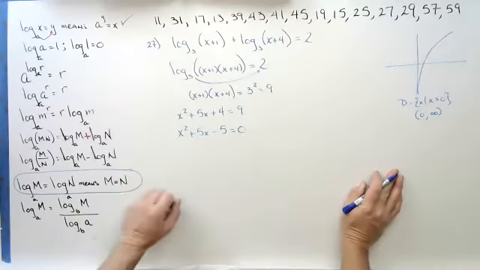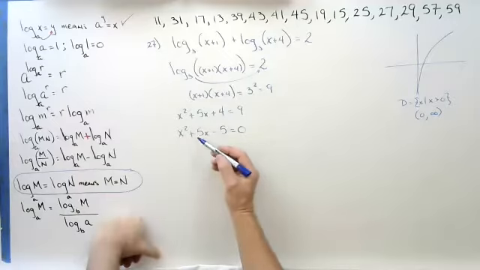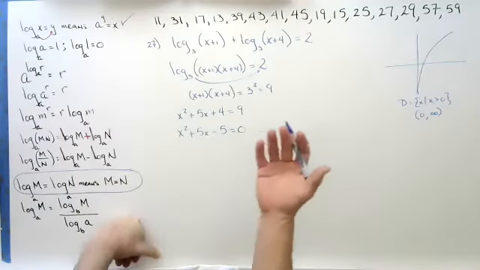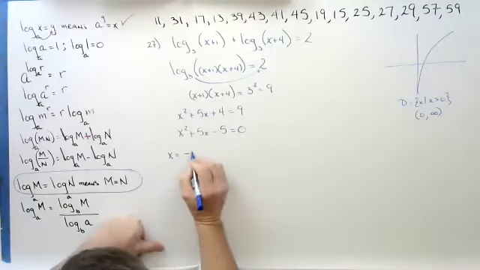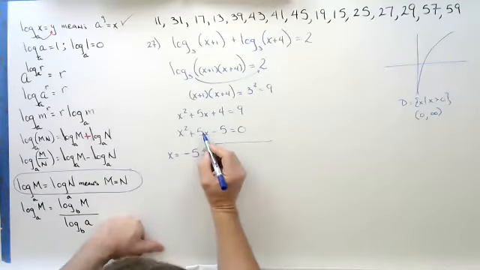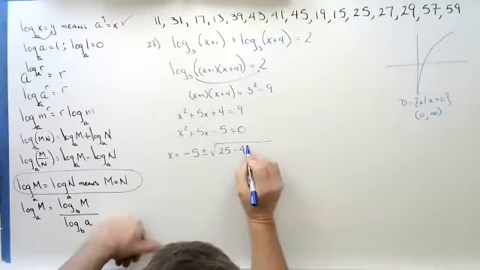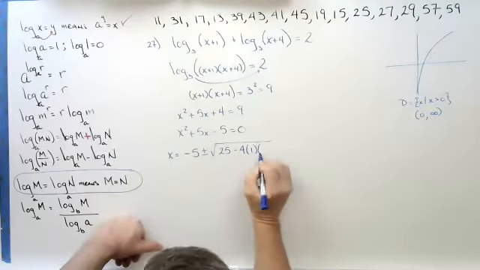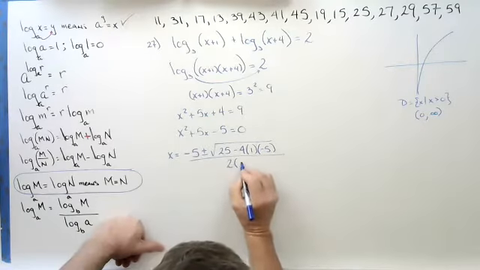Okay, that doesn't factor, right? That doesn't factor. We can't find two numbers multiplied together gives 5, differ by 5. That doesn't work. But we can do the quadratic formula, right? X equals negative b plus or minus the square root of b squared minus 4 times a times c, all over 2 times a.